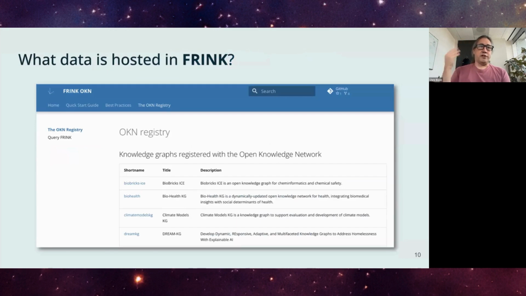Additionally, you can find within this website the Open Knowledge Network registry. This is the list of all of the information that has been uploaded into FRINK, as well as some capability for knowledge providers to control certain aspects of how that data is ingested or displayed.